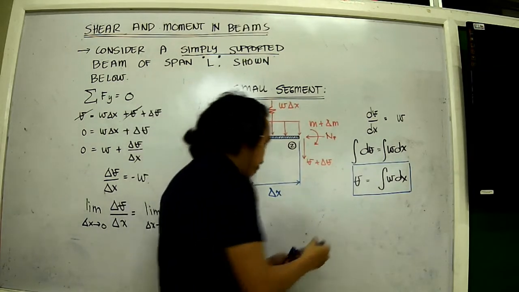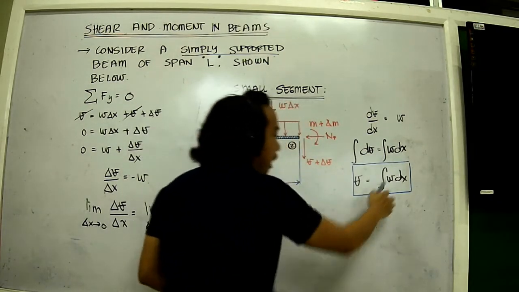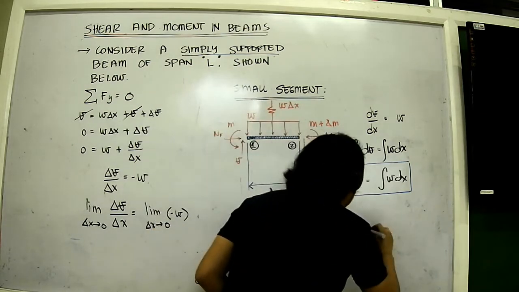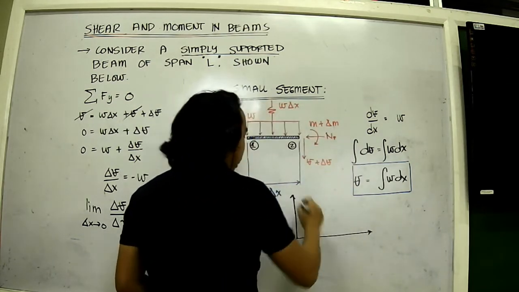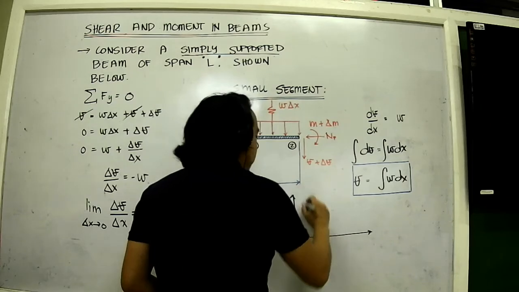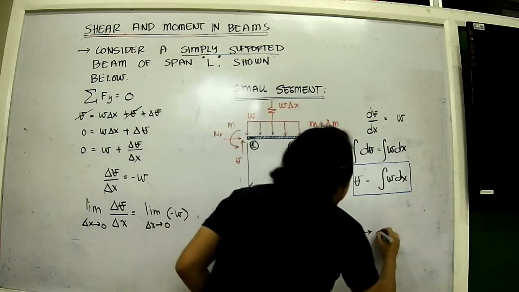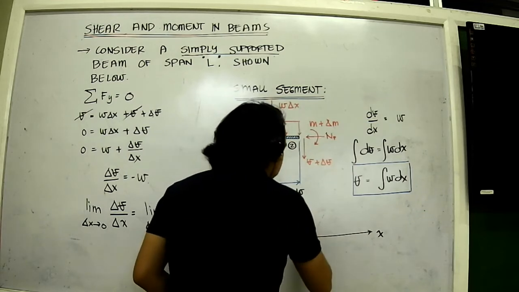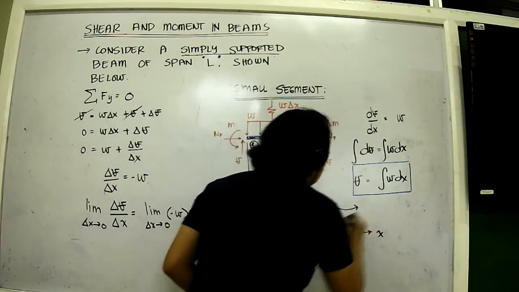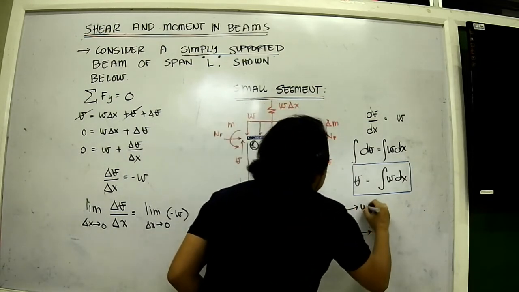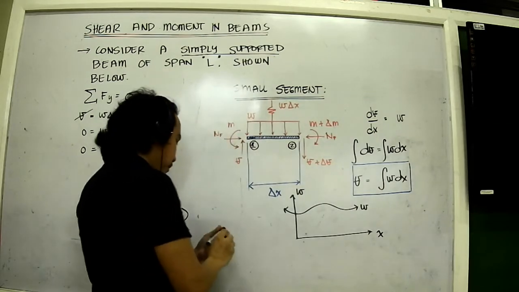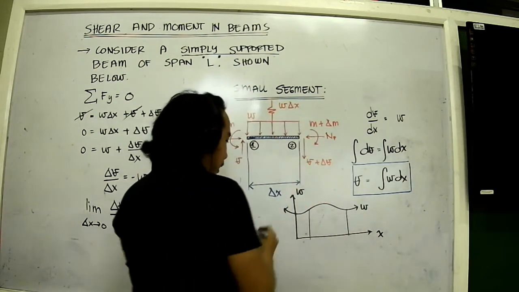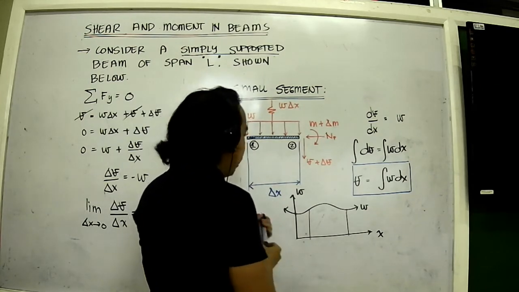When a function is being integrated, it inherently means that this is B, this is X, and this is W. I will have a curve W. Talk about calculus.